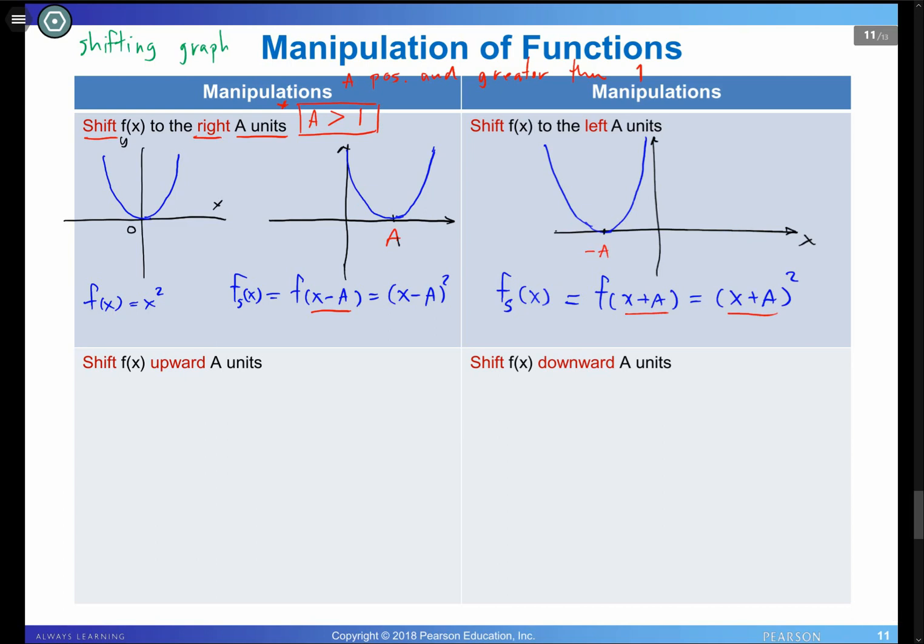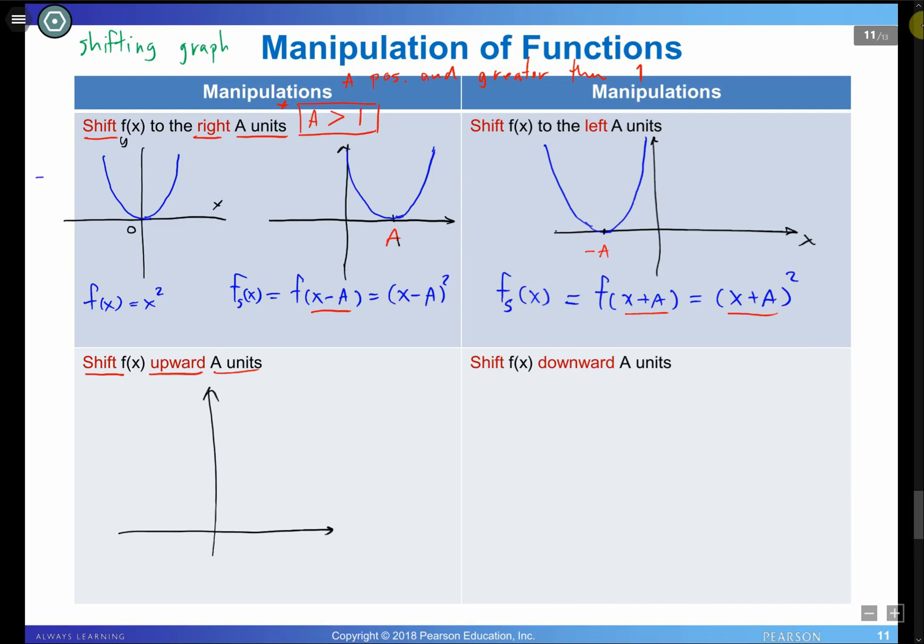Now, what about if I want to shift my parabola upward, a units? Next thing, I want to shift my graph upward, a units. So, let's take a look here. Alright, should be something like that. So, originally I have this regular parabola.